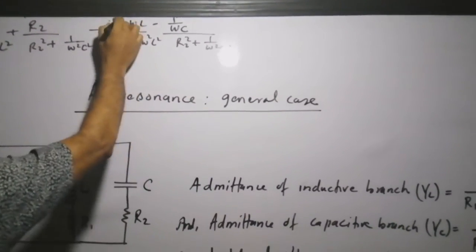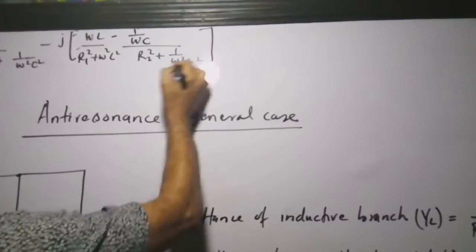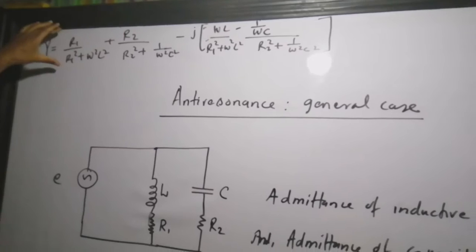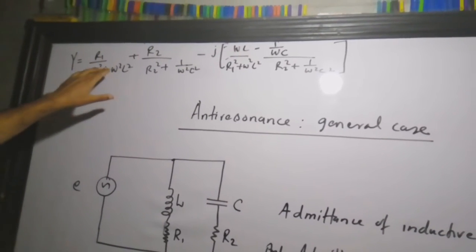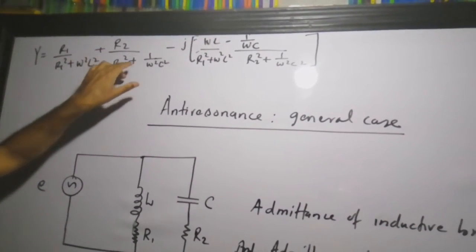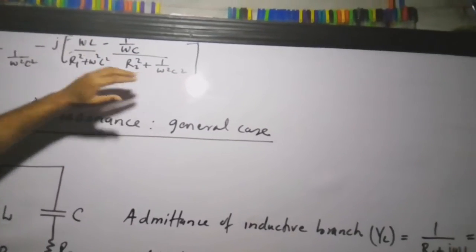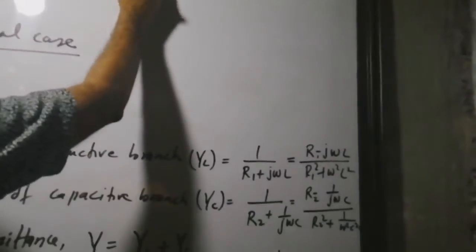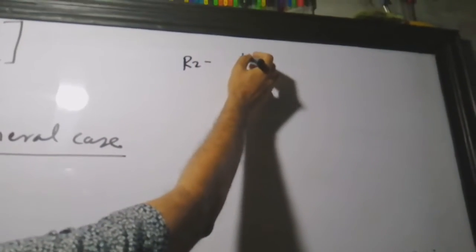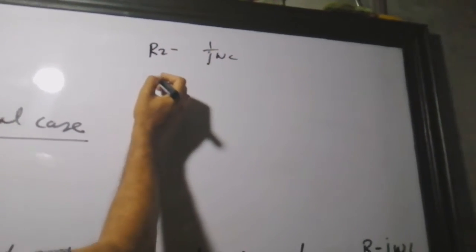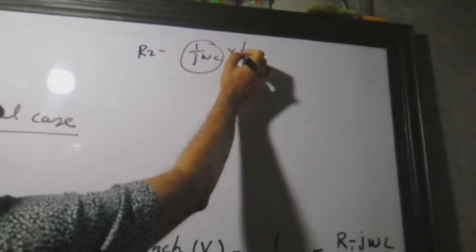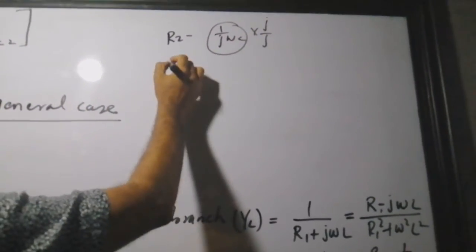By the way, this is our admittance. So what total admittance do we get? This value R1 by R1 square plus omega square L square, and R2 by this, likewise j times something. And take the minus j common. If you are confused, I just wrote here what I wrote: R2 minus 1 by j omega C was there, and I told you for 1 by j omega C, if you multiply by j up and down, then what do we get?